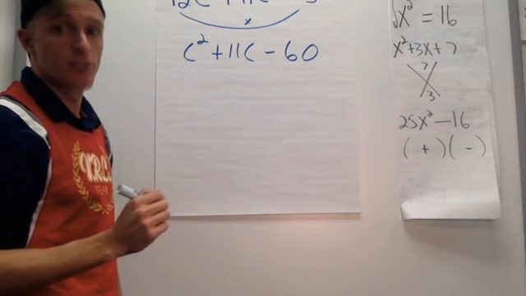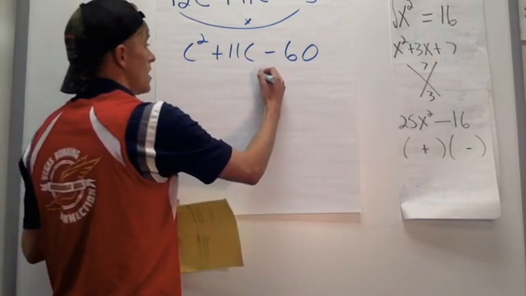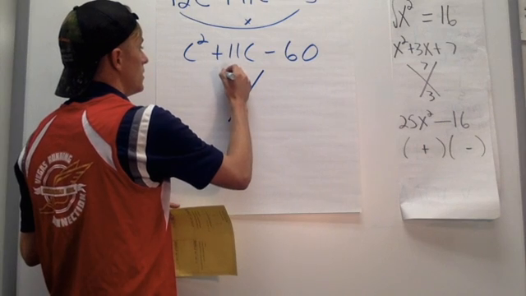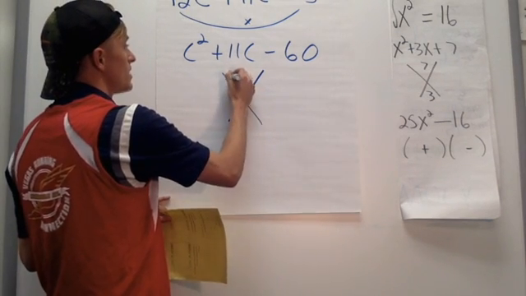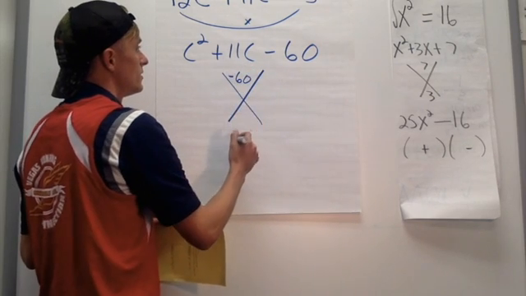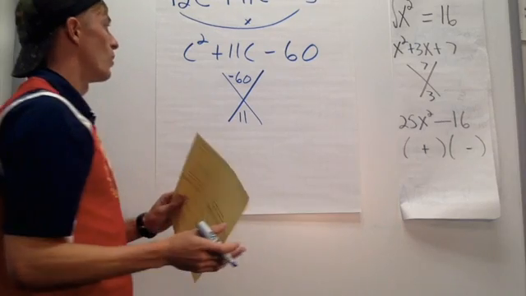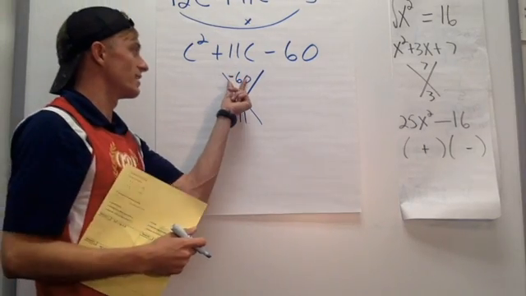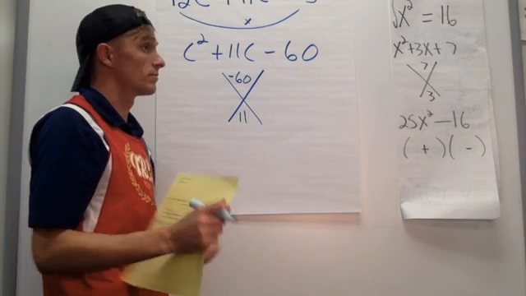All right, so what we need to do is we now need to x factor this. All right, so two numbers that multiply to negative 60 and add to 11. And what are the two numbers that multiply to negative 60 and add to 11?